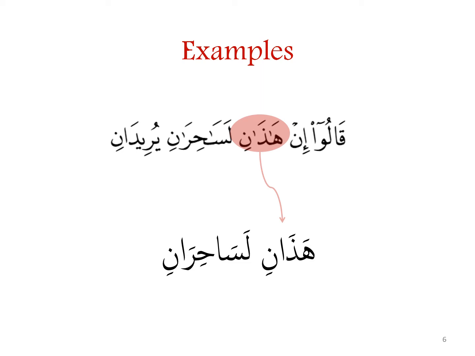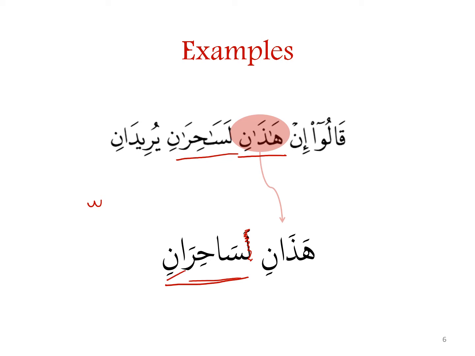If you look at this verse here from the Qur'an, just focusing on this part here, hadhani lasahirani. If we ignore this lam for now, because there's another function of this lam here, we have sahirani. This word is a dual form word. We should recognize straight away from the ani.